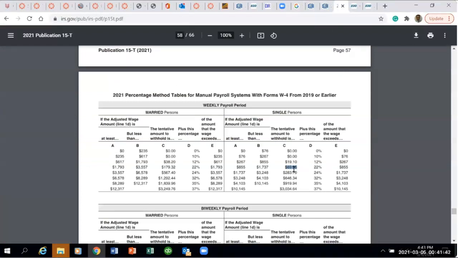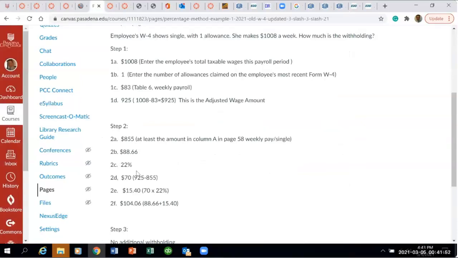$89.66. So Control C. So this is single. 855 is the at least amount and is $89.66. So let's go there. 855, 89.66.